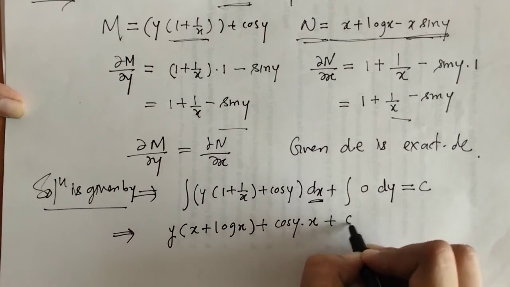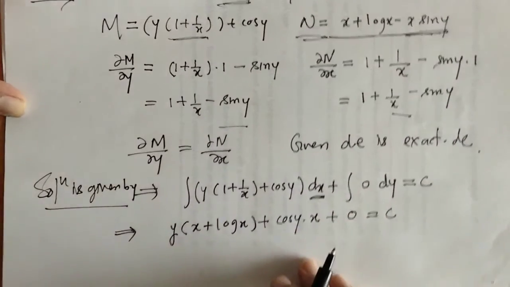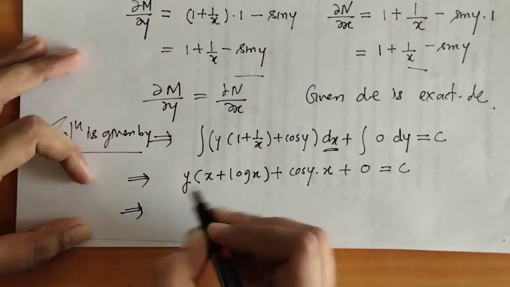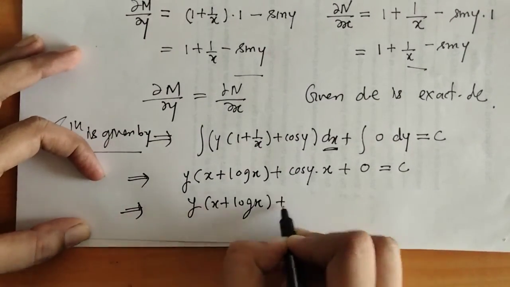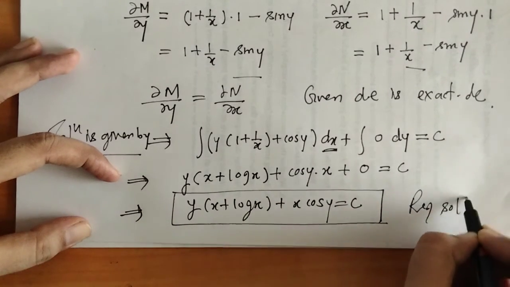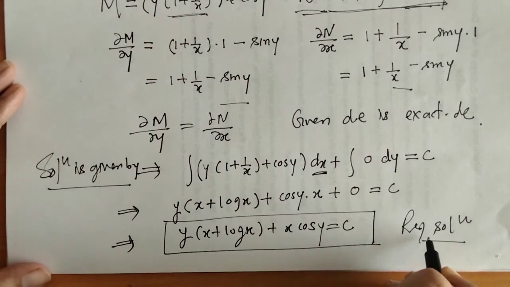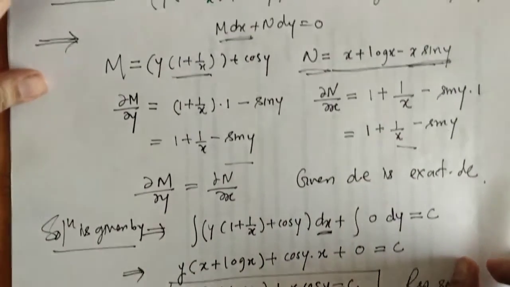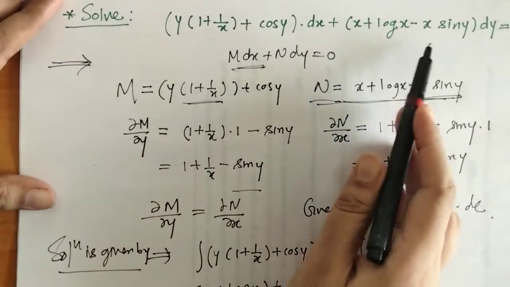And here we have 0. So this is the required solution we have found for this differential equation, right?